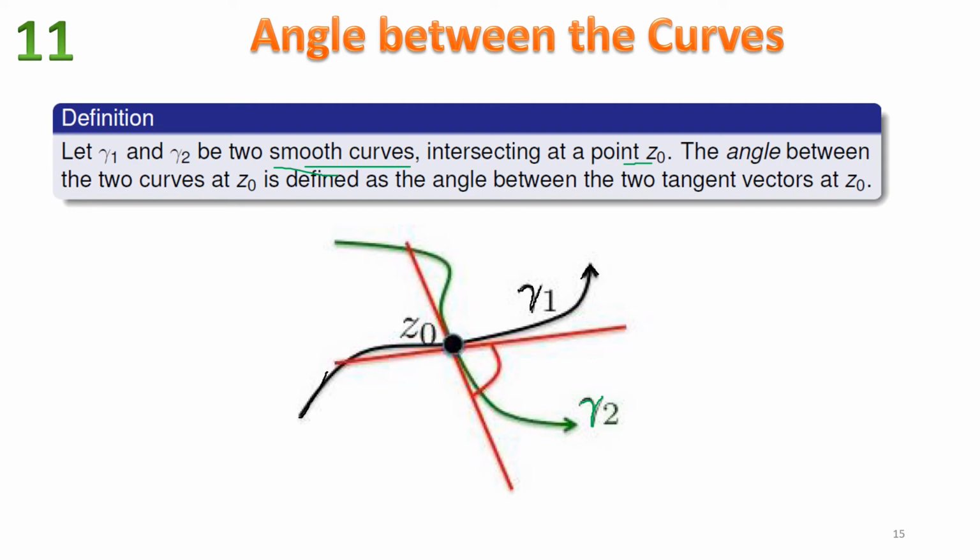Then we identify a tangent to the curve gamma 2 at Z0, and look at the angle between the two tangent vectors starting from gamma 1 to gamma 2. That gives the angle between the two curves, and we can define it as theta in this way.